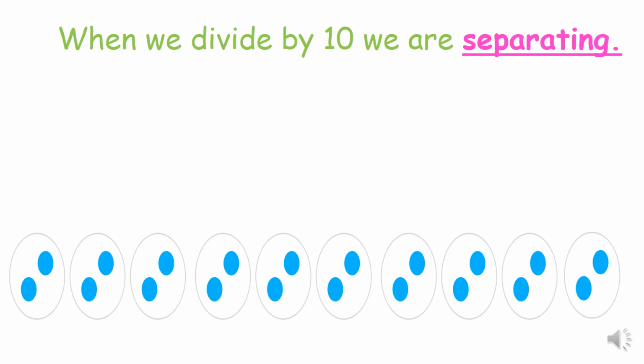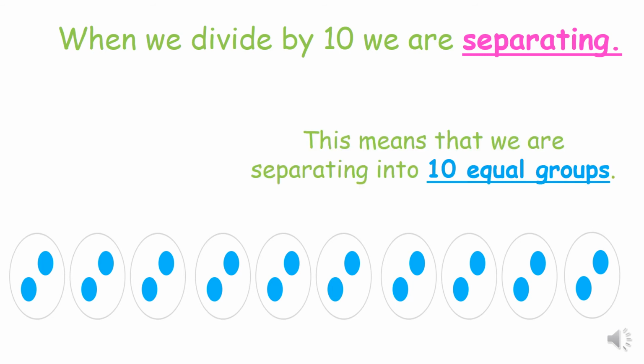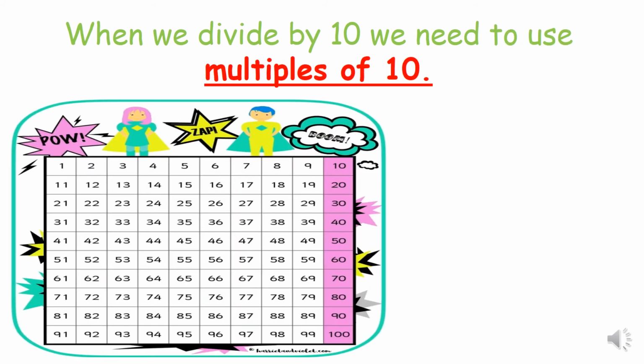So just to remind ourselves that when we divide by 10, we are separating. Division involves separating into equal groups. Because we're dividing by 10 today, that means we're separating into 10 equal groups. And when we divide by 10, we need to use multiples of 10.